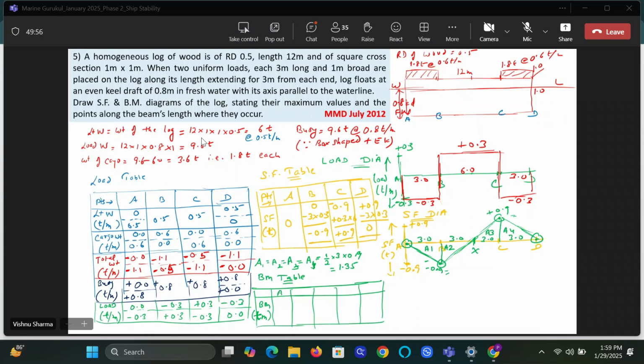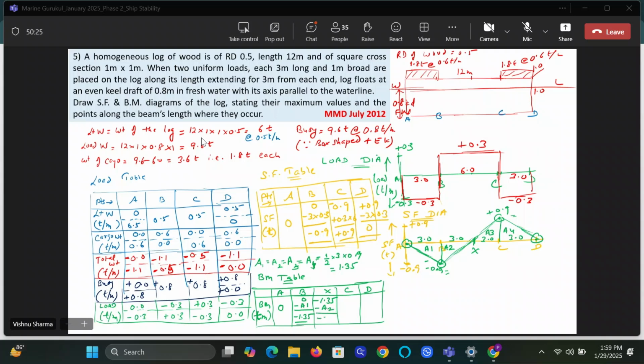The points will be in the same order as in the SF diagram: A, B, X, C, and D. Now, BM at A is 0, we carry forward 0. Then you have minus area 1. That means it becomes minus 1.35. We carry forward minus 1.35. Then we have another minus area A2.